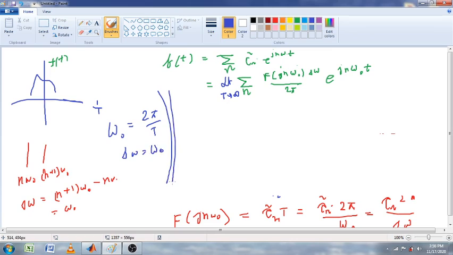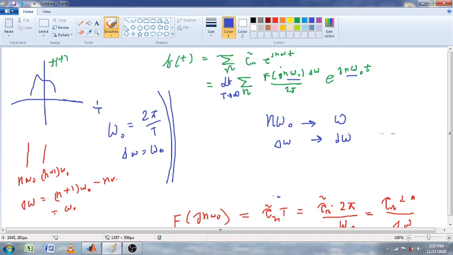So we know from the first principle of integration that there are two major changes. First, in place of omega naught if I write delta omega, n omega naught turns out to be n delta omega. So n delta omega, or n omega naught, would turn out to be omega, a continuous variable, because omega naught has become very small as the time period increased, and our delta omega would turn out to be d omega.